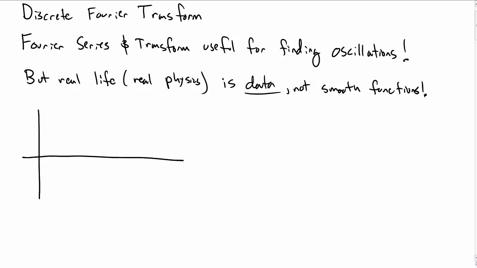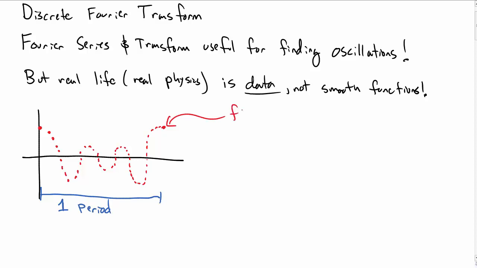So I'll draw some sample data here. I've got a bunch of data points that maybe look something like an oscillation here. And I'm just showing one period of the oscillation of the data. And so here a function, f of x, was really just represented as a bunch of data points.